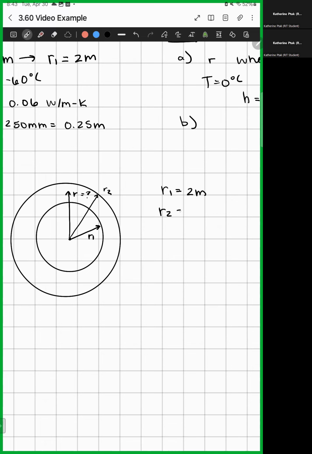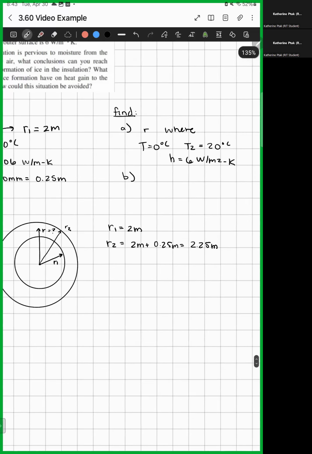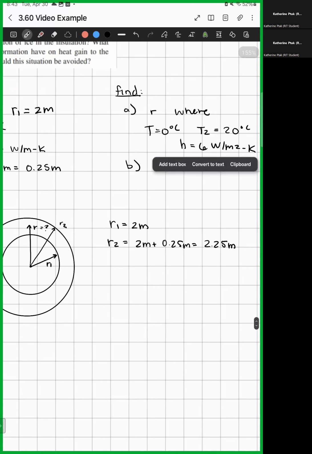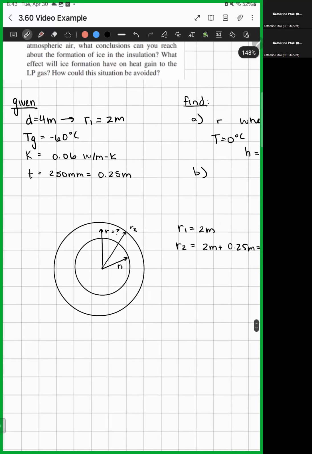We'll say R2 equals 2 meters plus that 0.25 meter thickness, which is 2.25 meters. And so T without notation, 0 degrees Celsius. T2 relates to the temperature at R2, and then T1 is obviously that inner temperature.